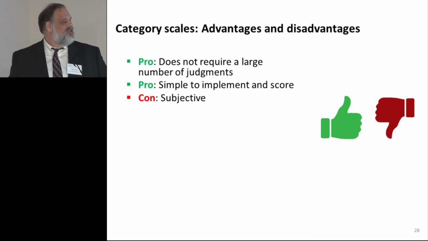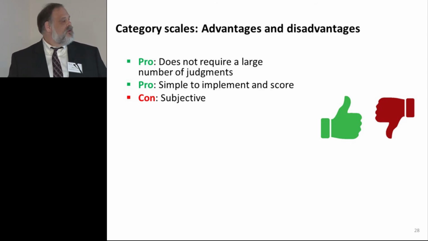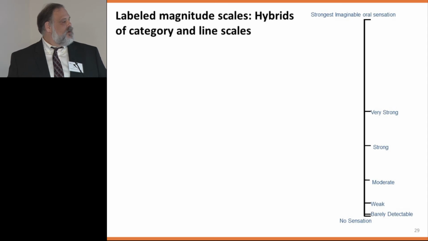This is a kind of a religion at Monell since it was developed at Monell. But there's a lot I think to like about this. First of all, it's maybe a hybrid of a line scale and a category scale because you can mark it anywhere, but you have categories with associated adjectives.